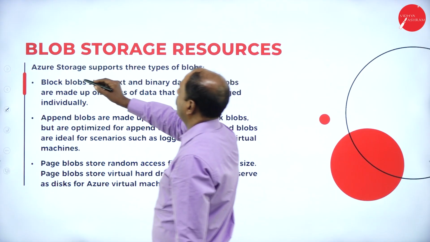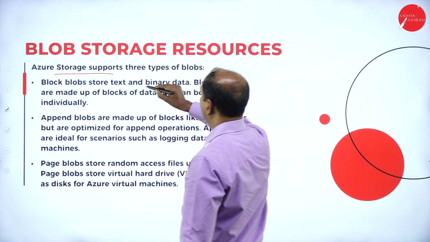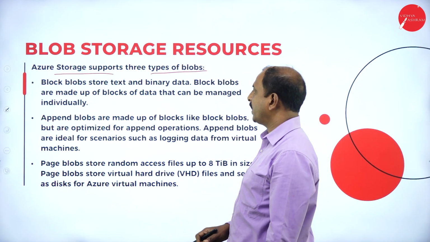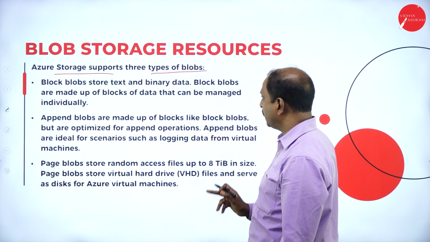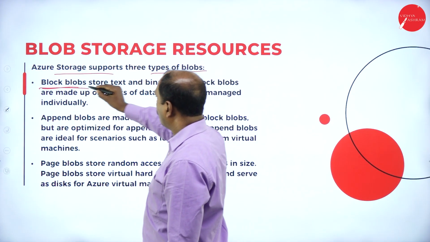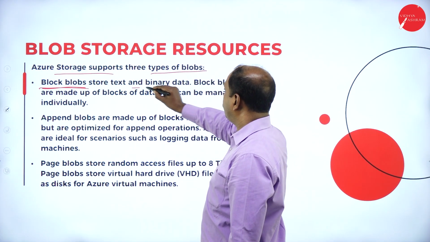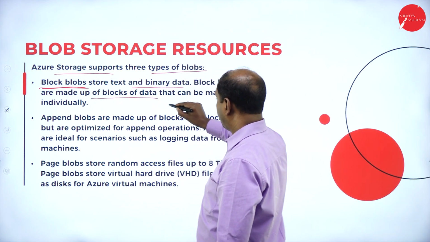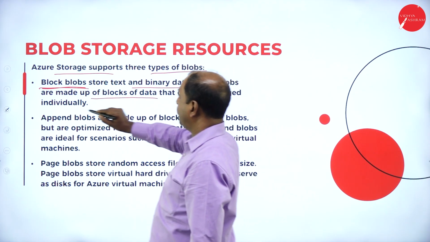Next, Azure storage supports 3 types of blobs. As we have seen, the blob is the location where we can store the data in the form of an object. First one is block blobs, where we store text and binary data. Block blobs are made up of blocks of data that can be managed individually.